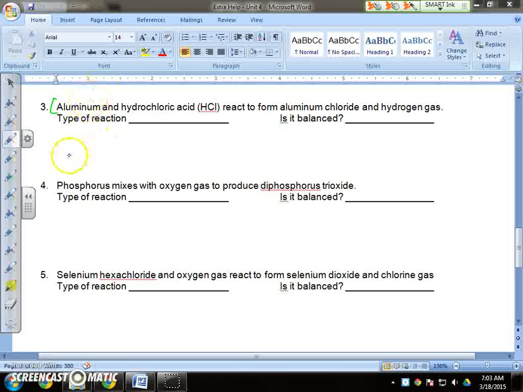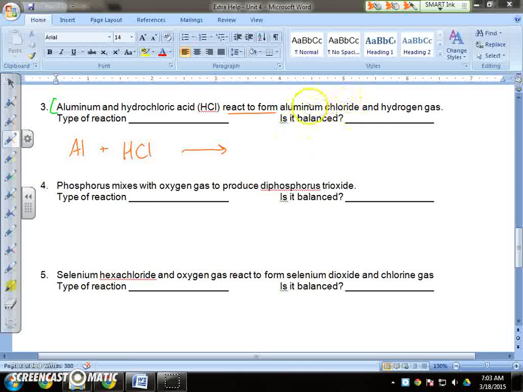Aluminum, we're going to end up having Al, not diatomic, so I don't put a 2. And it's going to be a plus. Hydrochloric acid, and because you haven't seen that before, I tell you that is HCl. React to form, boop, there's going to be a nice little arrow. And you're forming aluminum chloride. Now this guy is a metal, this is a non-metal, meaning this is ionic.